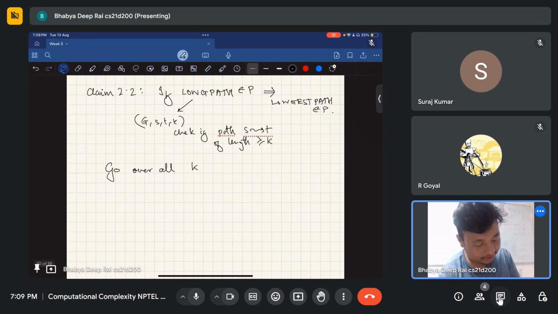Go over all k prime, let's say, which is greater than or equal to k.